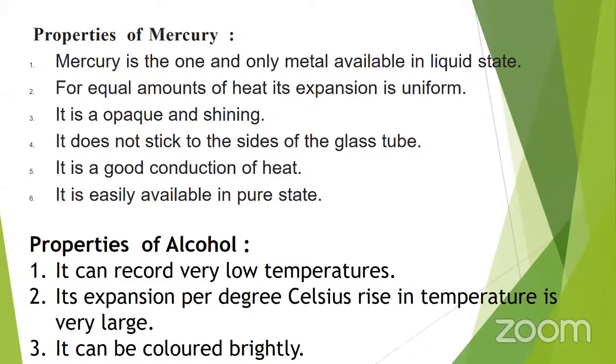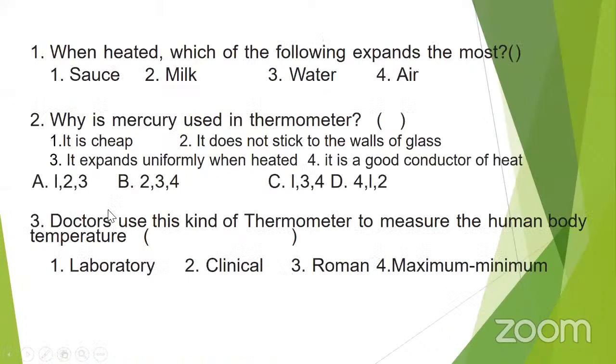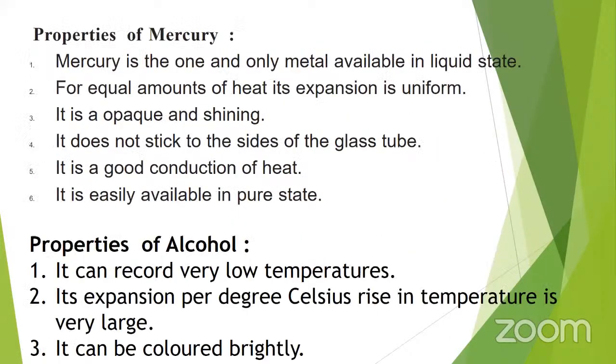Therefore, we can easily recognize it and mark it. Since it is opaque, not a transparent material, and most importantly, it does not stick to the glass. If it stuck to the glass, we would not know up to where it is. So it does not stick to the glass. It easily expands, it is a good conductor of heat, and also it is easily available in pure state. Though mercury is a metal, it does not react much with different things.